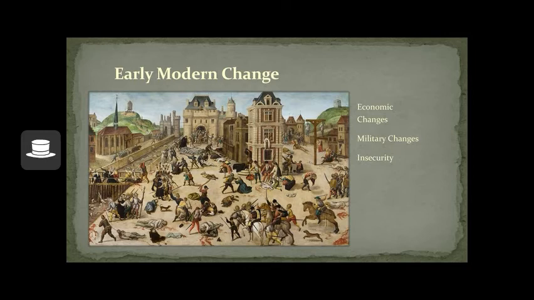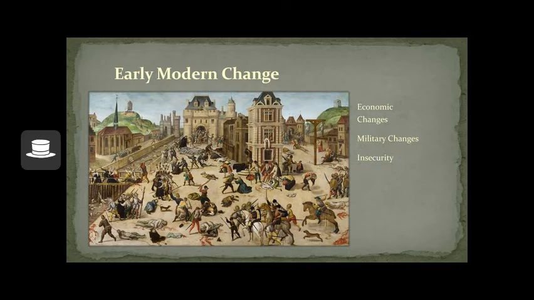And so this process was going to set off a Darwinian struggle of survival of the fittest among different states. Larger states were going to swallow up smaller states.